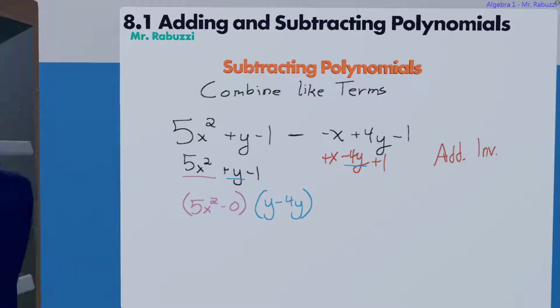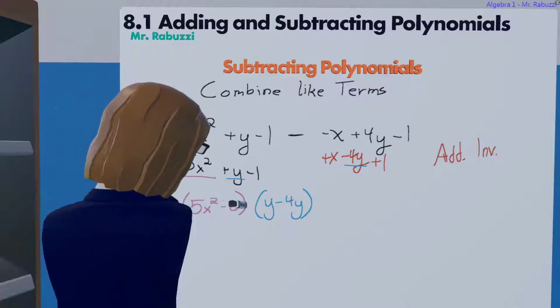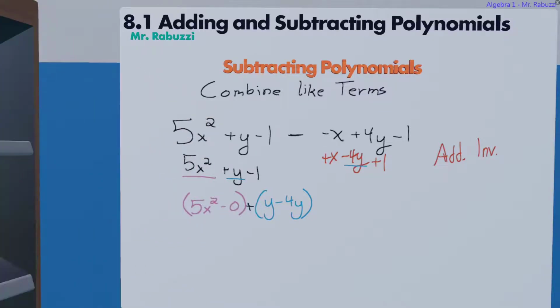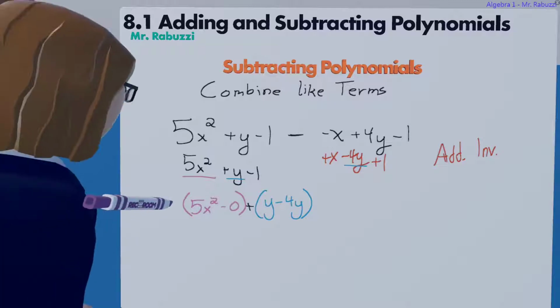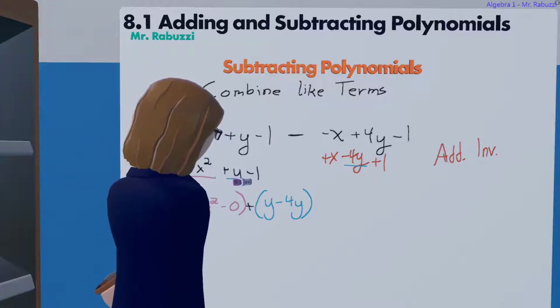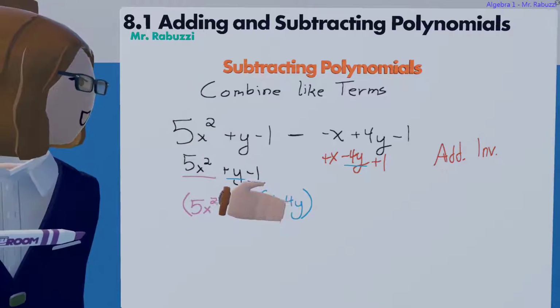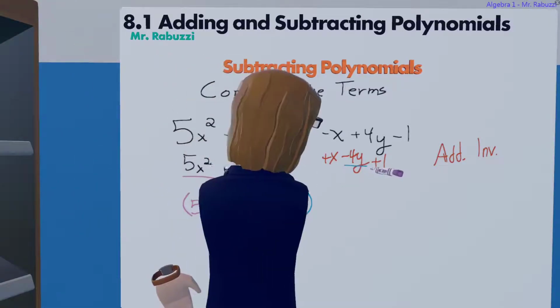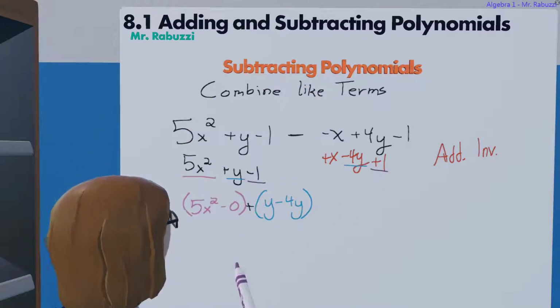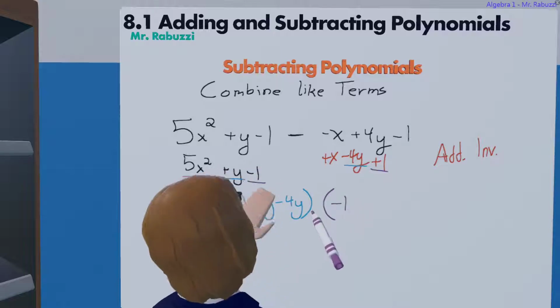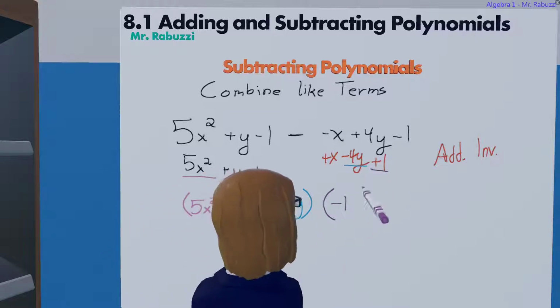Put our pretend plus between, just in case. Next one, we have a plain old number. Do we have another plain old number? We do. This one's a positive 1 over here. So we have negative 1 plus 1.